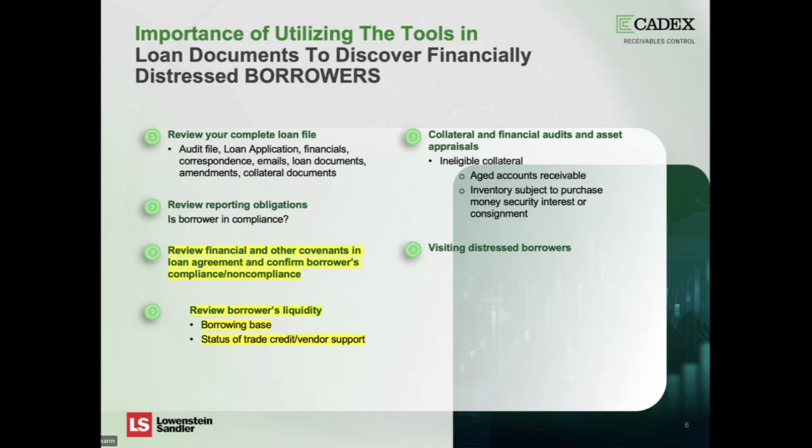The inventory was all gone. And so the importance of a visit, both in terms of everything you said, walking the halls, reviewing records, but also just taking a look at your collateral to make sure it's there. Because I can't tell you how many times situations arise where the collateral just is not there or is a lot less than what was expected. Let's go to the next slide.